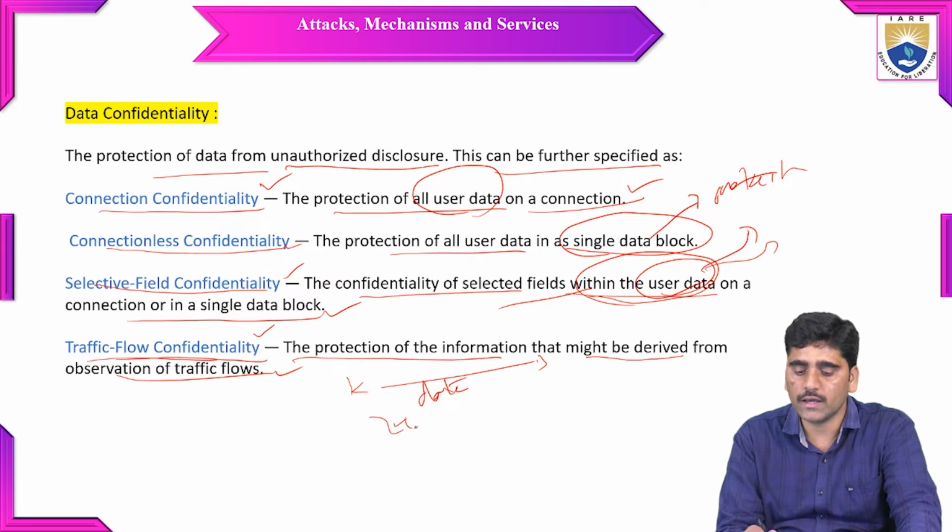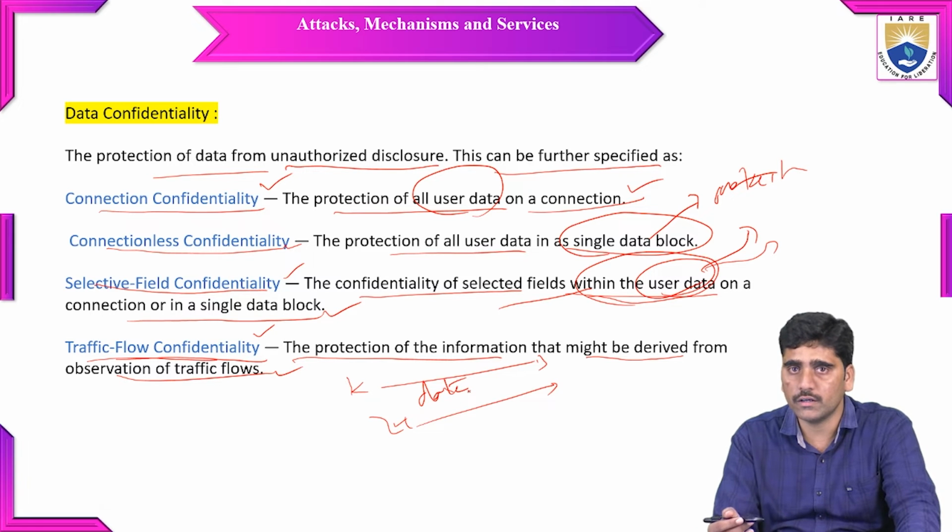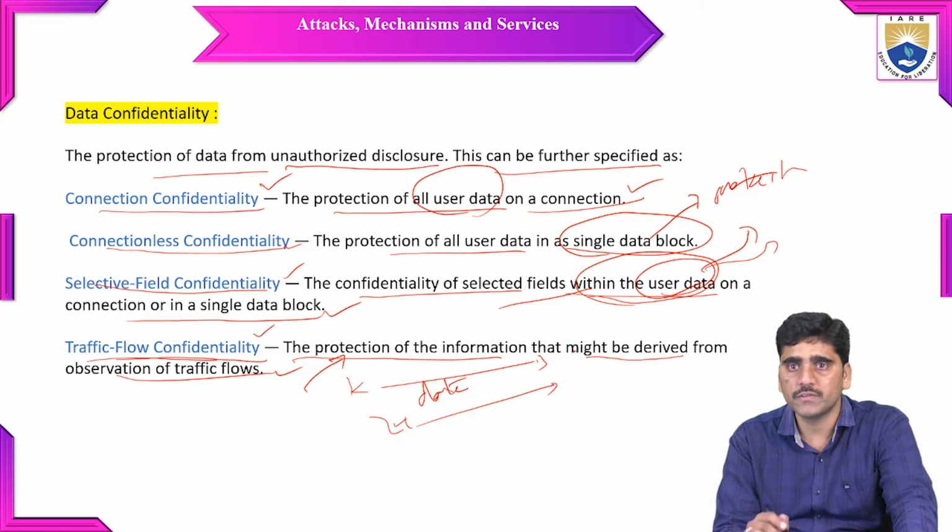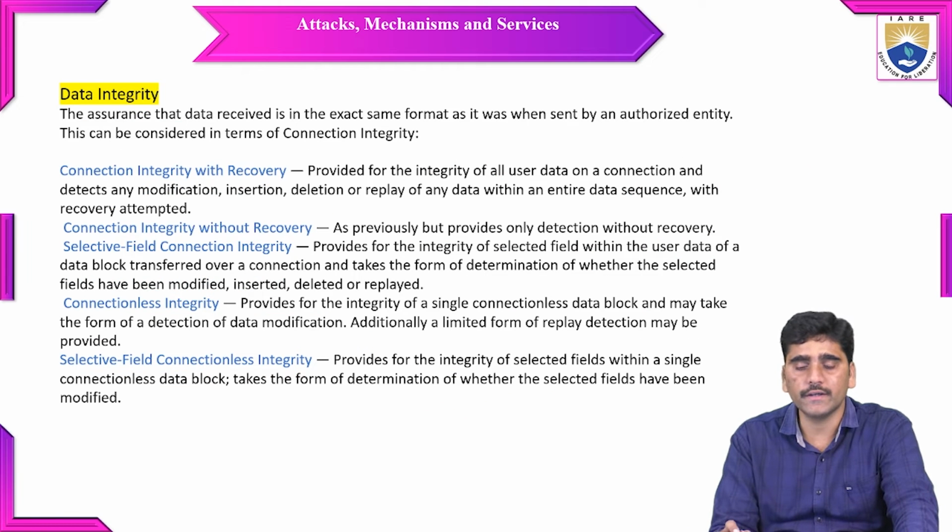That data we have to observe, and that observation is going to be confidential. That is nothing but the protection of the information that might be derived from observation of traffic flows.